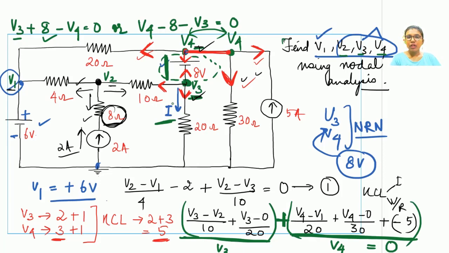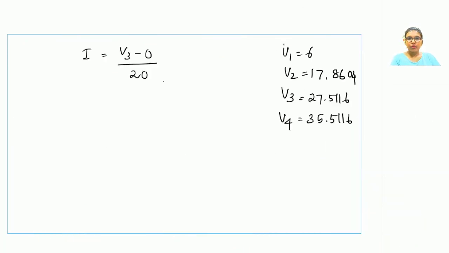So what will be the value of the current I? I can be written as V3 minus 0 upon 20. Now the value of V3 has already been computed. Substituting the value of V3 in this expression of I, one can figure out the final value of I. So let us see what is the value of I. I have noted down all the voltage values that were obtained by us.